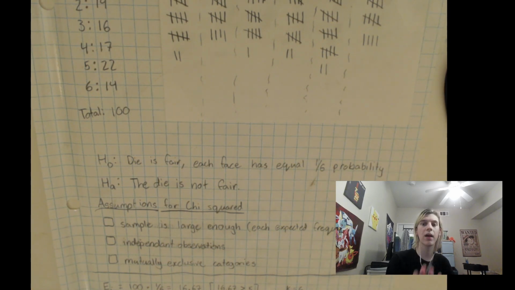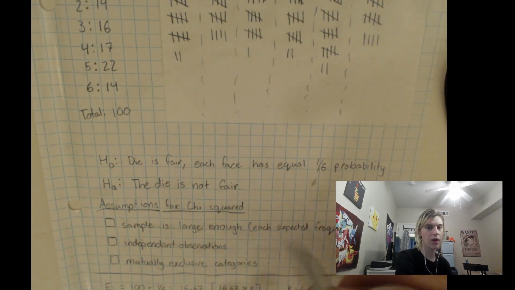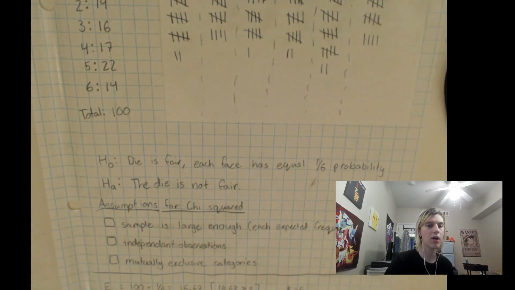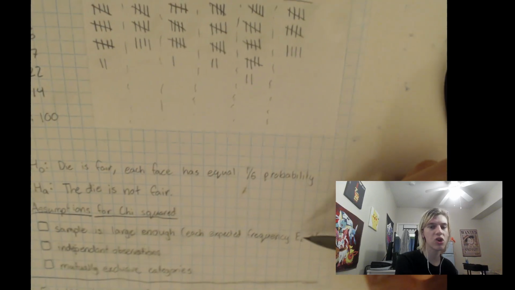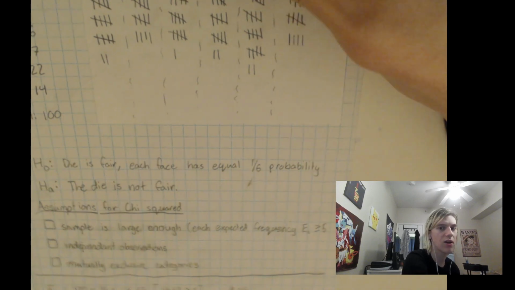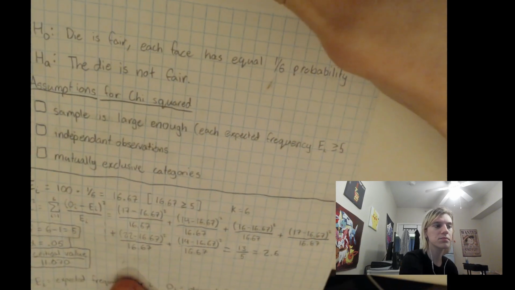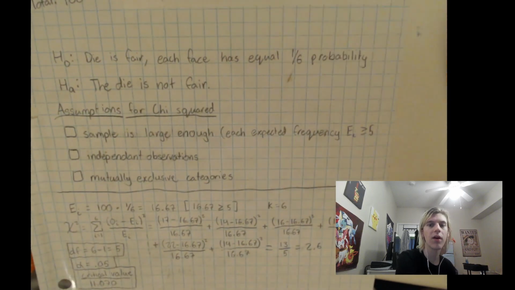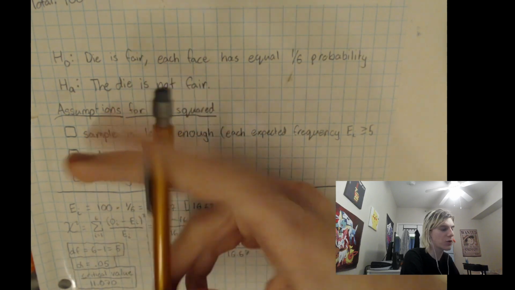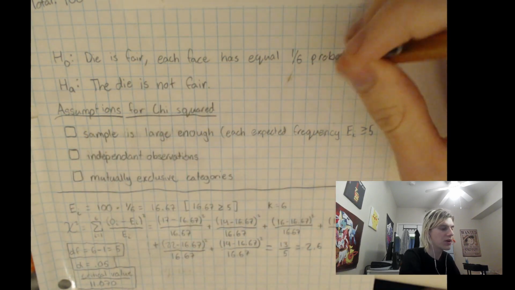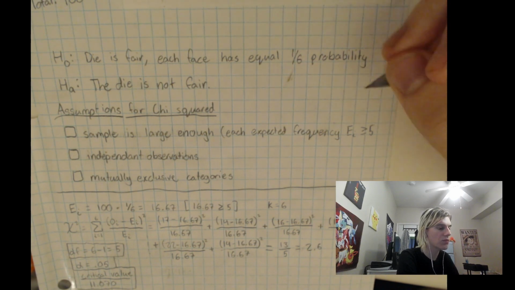So, in order to do a chi-squared test, we have to make sure that our assumptions are correct. So first, we need to make sure that our sample is large enough that each expected frequency E is at least 5. That E is the expected frequency for each category.